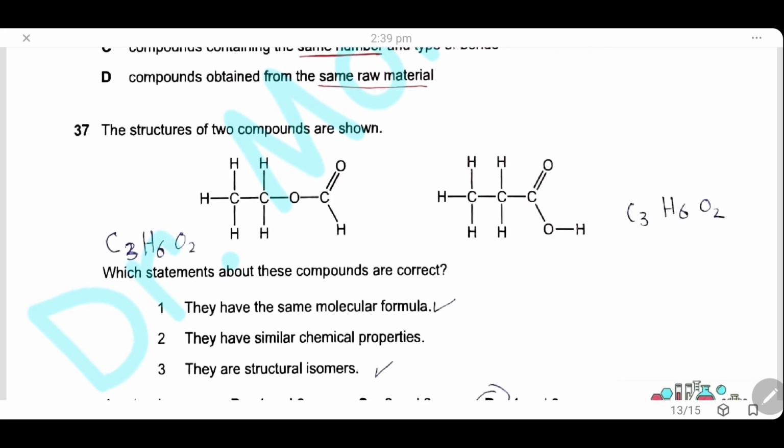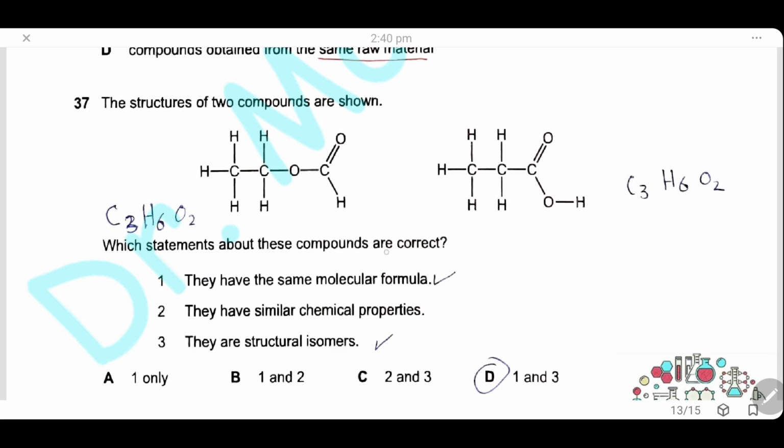Question 37. The structures of 2 compounds are shown. Both compounds have the same molecular formula, C3H6O2. Which statements about these compounds are correct? They have the same molecular formula. That's right. By calculating the molecular formula, we will see that they both have the same molecular formula. They have the same chemical properties.